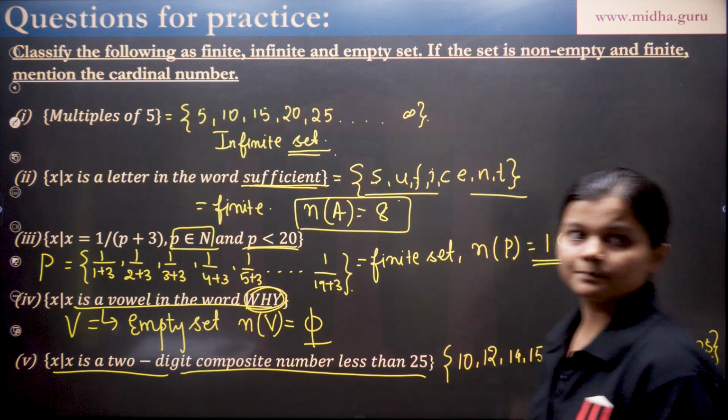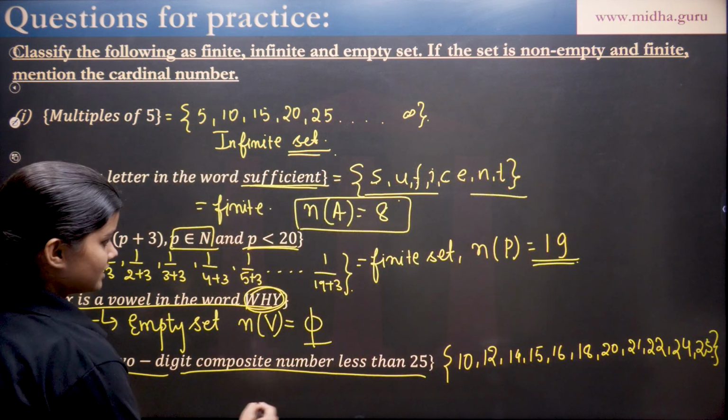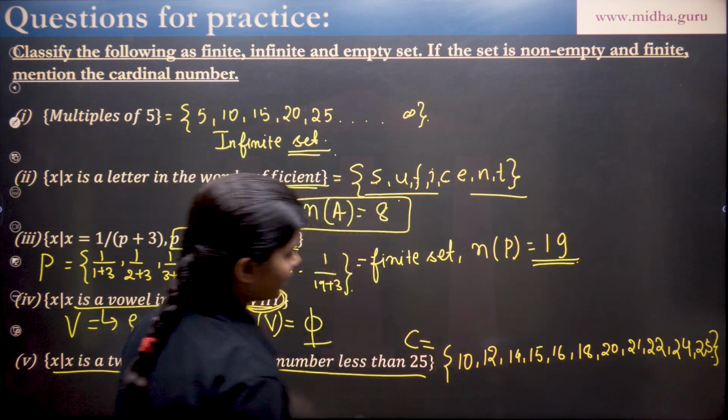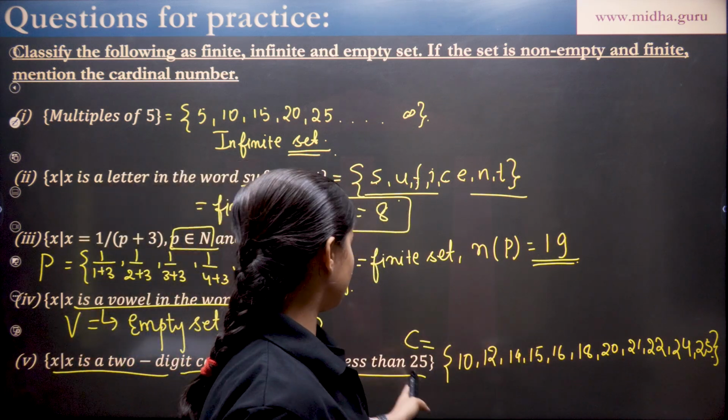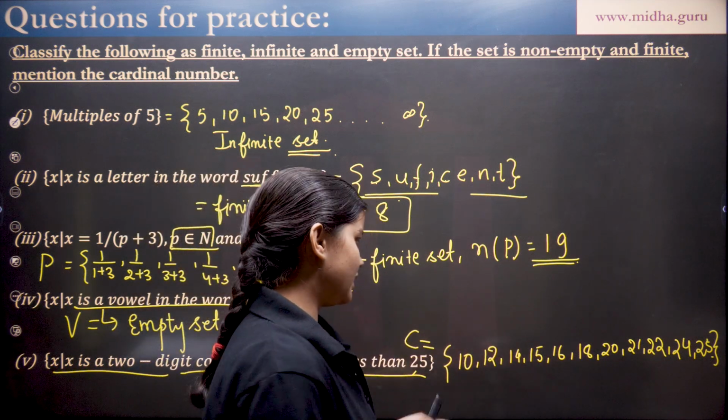So these are the elements inside this set. Let us say this set is C. Okay. So these are the composite numbers less than 25. Is this a finite set or an infinite set? This is obviously a finite set.